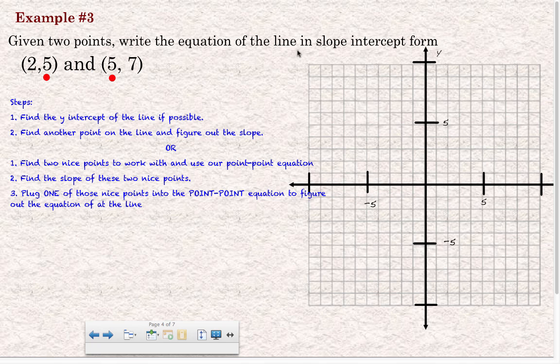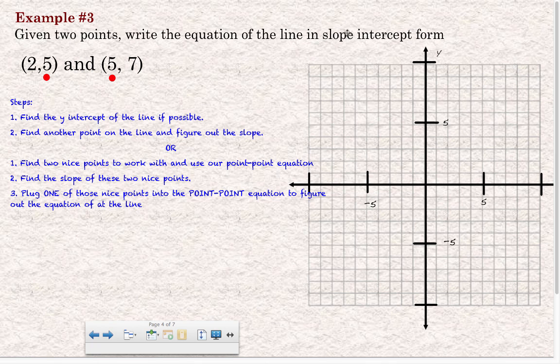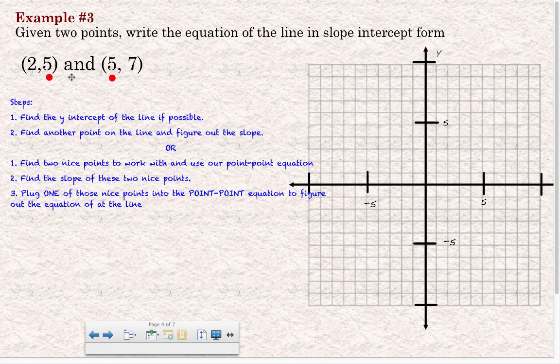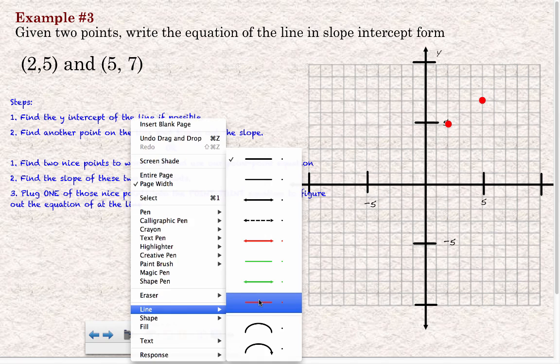All right, so given 2 points, write the equation of this line in slope-intercept form. So (2, 5) over 2 up 5, (5, 7) over 5 up 7.